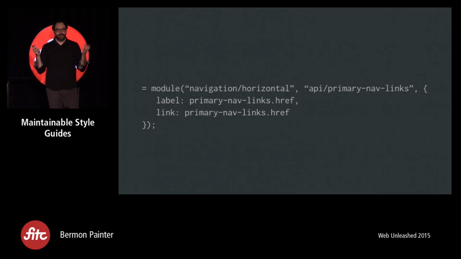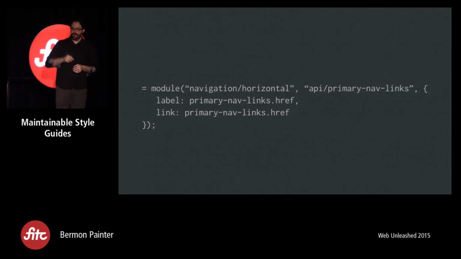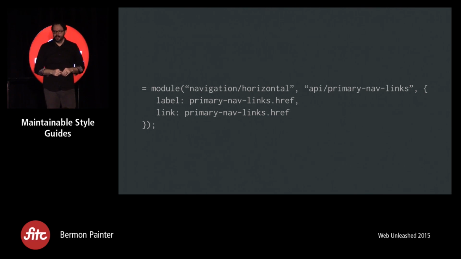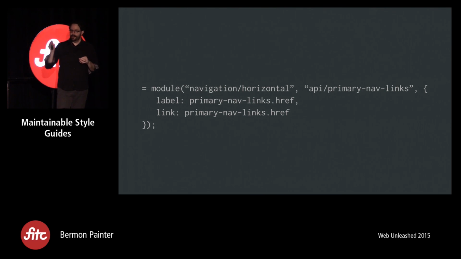The second one that you see is the call to the data that should live in our data API for the application. So I can call that API, and then I should be able to pass in a few other parameters that actually generate the content for the link. For the sake of argument, let's say that within our API we have a list of our navigation items. Within that we have the label, and we have the link that it's supposed to go to.